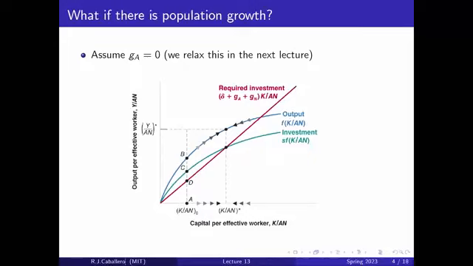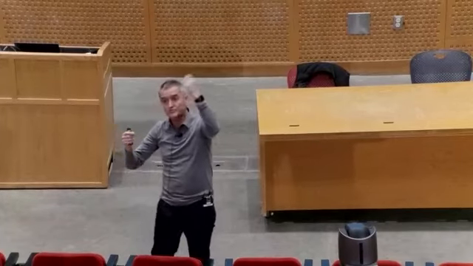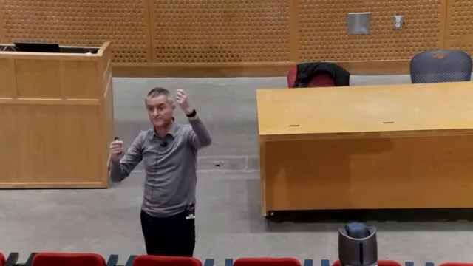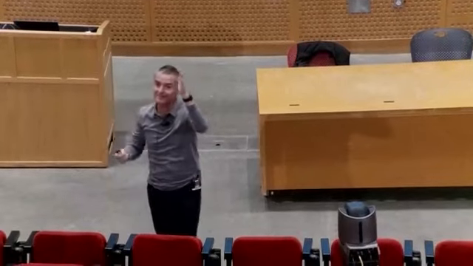Here, it's still the case that in a steady state, output per person is not growing, okay? But that also means, since population is growing at the rate GN, or N, I don't know what I call it here, that output must also be growing at the rate GN. That's what will keep output per person not growing, okay?